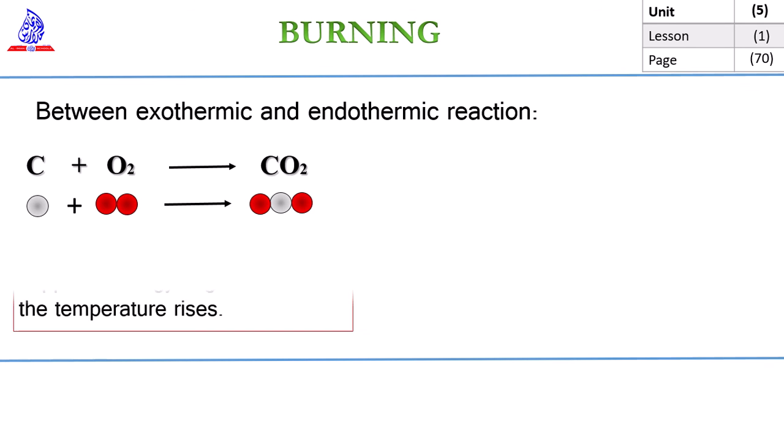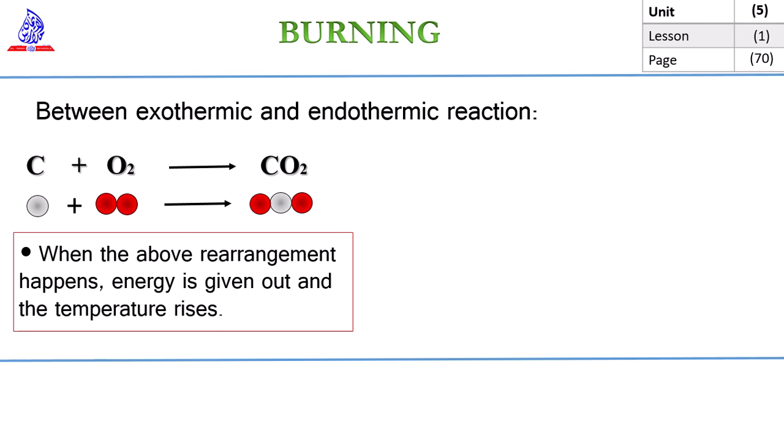What happened? When the above rearrangement happened, energy is given out and the temperature rises. Why? Because a new bond is formed and an old bond has been broken.